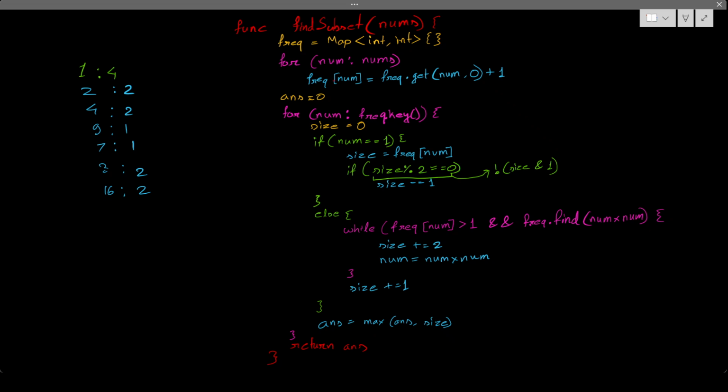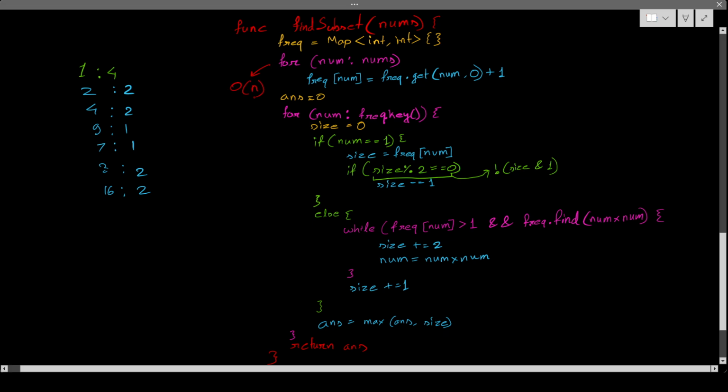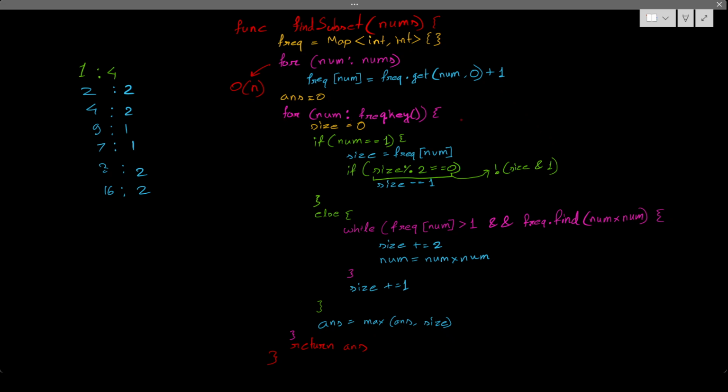So what is the time complexity first of all? Let's say the length of nums is n. So this is running for big O of n. And this frequency for loop is running over the frequency dot keys.